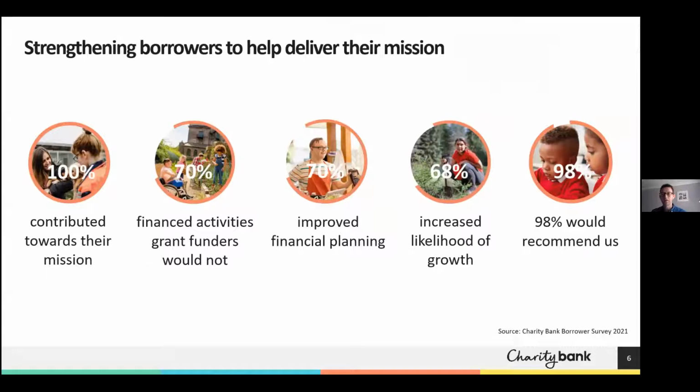So there's a breakdown of what our customer base say their support means to them. I think contributing towards a social mission is probably the most important of it all, and helping them grow and do well. I think it's fair to say there aren't any bad social lenders out there, and the benefit, if you're thinking about taking on investment, versus a bank, is that you're getting someone who's passionate about what you're doing.